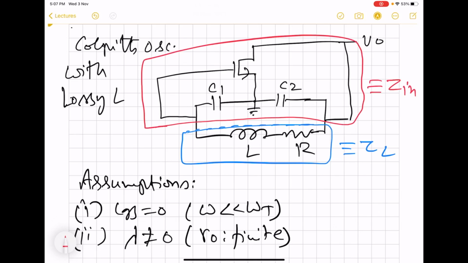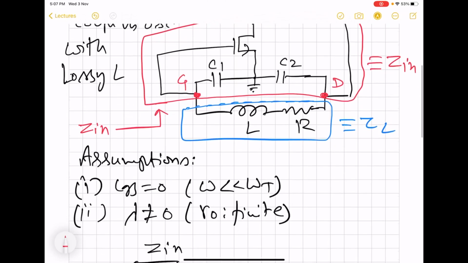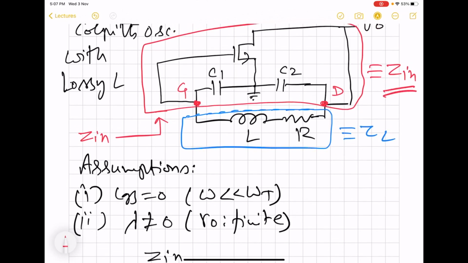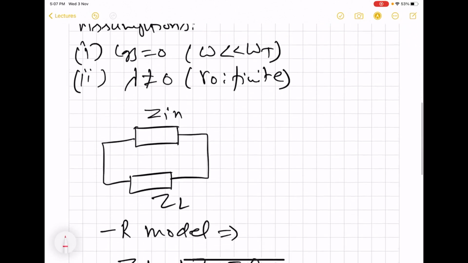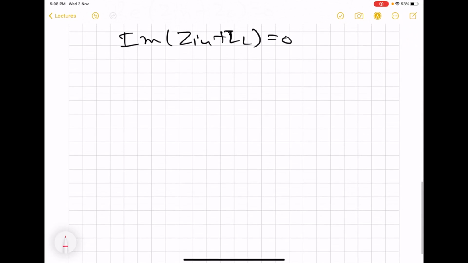So what we find is Zin is basically the impedance of a part of the Colpitts oscillator between this node, which is the gate, and this node, which is the drain of the MOS. So looking between these two nodes, what we see here is Zin. So our first task will be to find out this Zin. ZL is easy, straightforward.